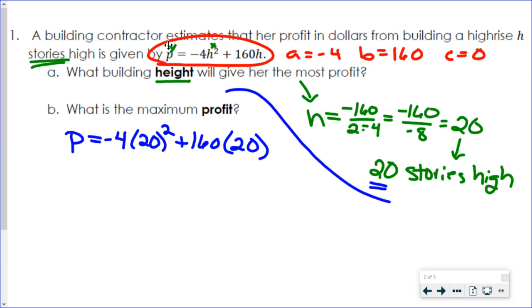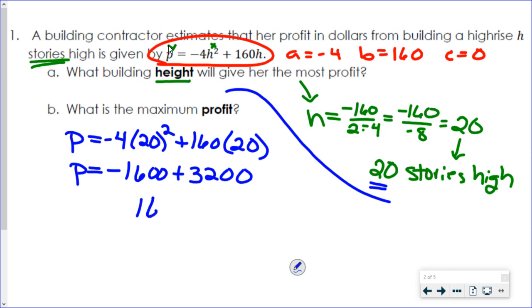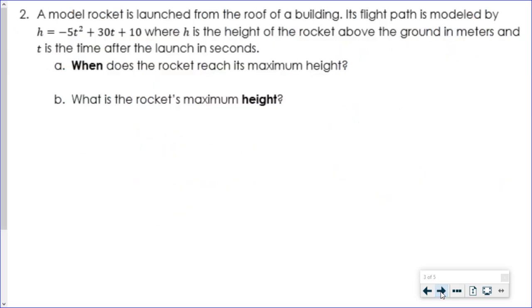And then you put it in your calculator. And your answer is 1,600 and profit is in dollars, okay? So think of your vertex. The vertex is very important.